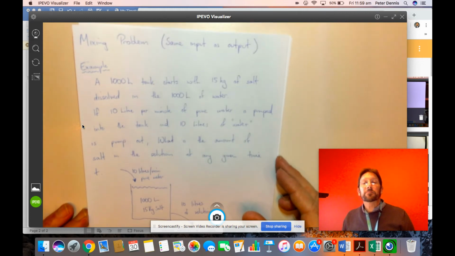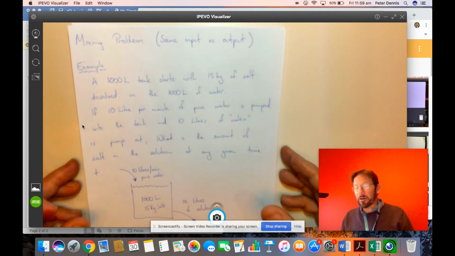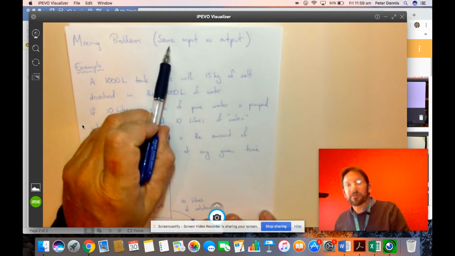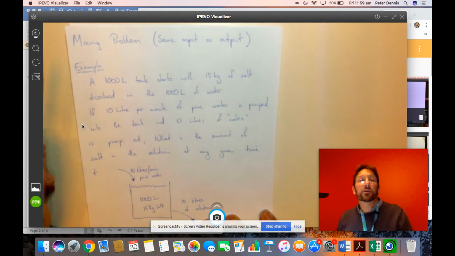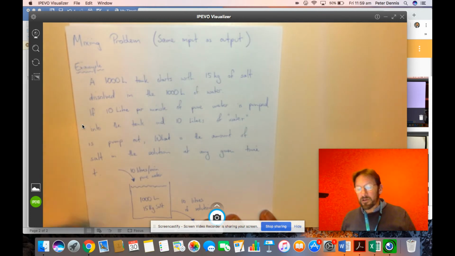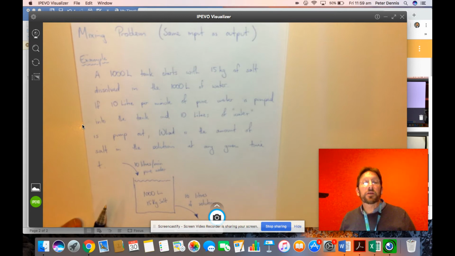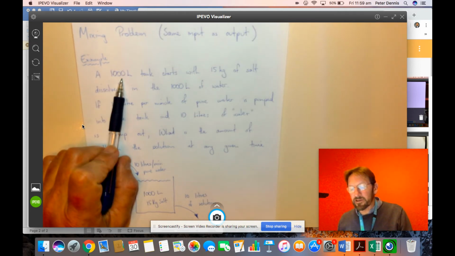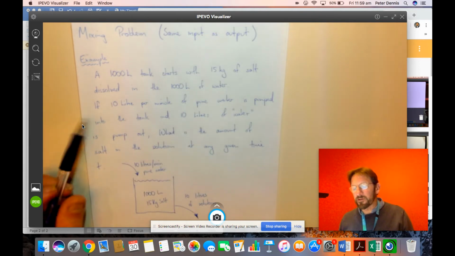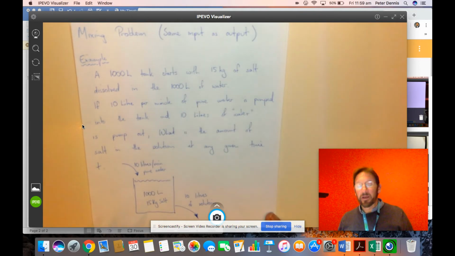Let's have a look at these mixing problems, and we'll look at an easier starting point where we've got the same input as output. So this is a mixing problem, but we have got the same input as output. The example that I'm going to do, we start with a 1,000 litre tank, starts off with 15 kilograms of salt dissolved in 1,000 litres of water.